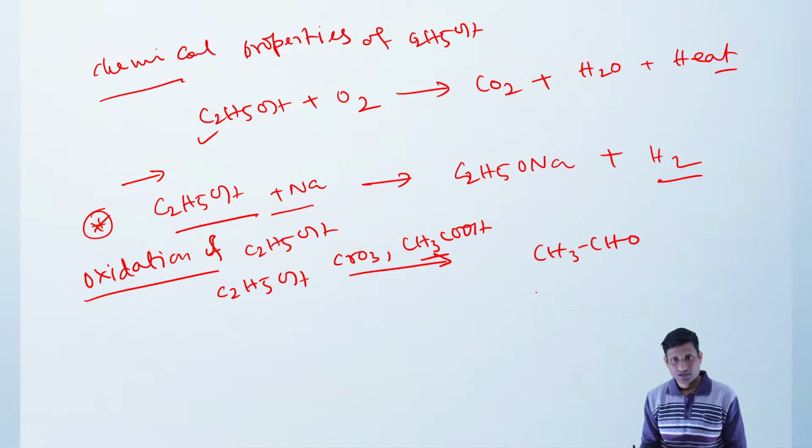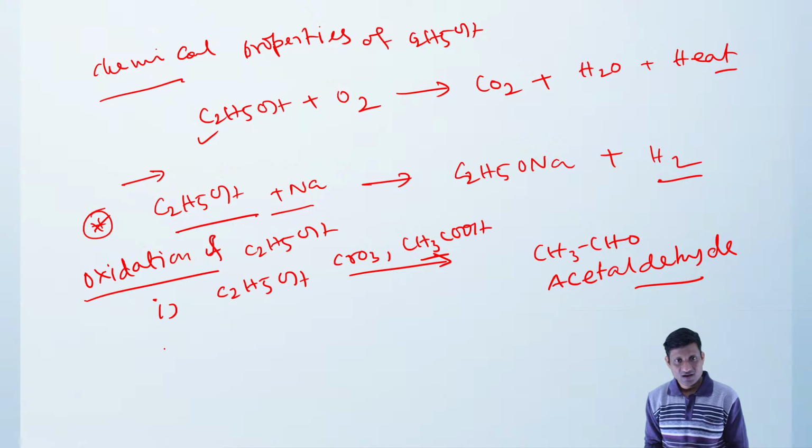The common name is acetaldehyde, and the IUPAC name will be ethanal. This is one case, and if we change the oxidizing agent, so basically instead of chromic acid, if we use alkaline KMnO4, then of course we'll have a different product.